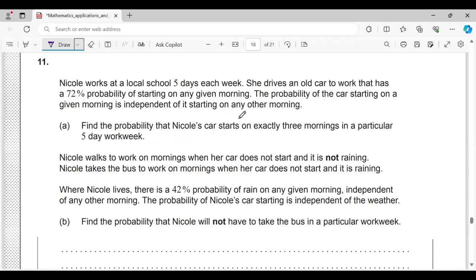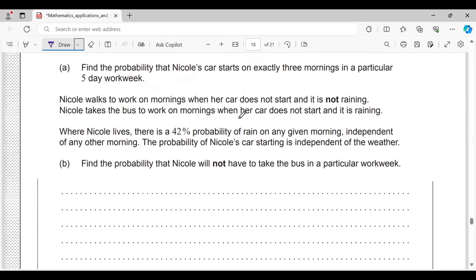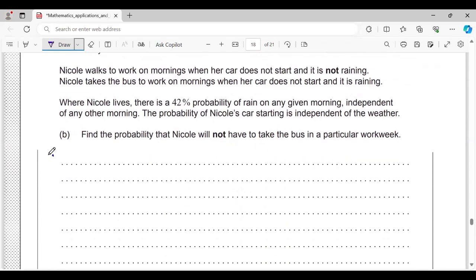Okay, so going to solve A. We're going to use the binomial distribution.